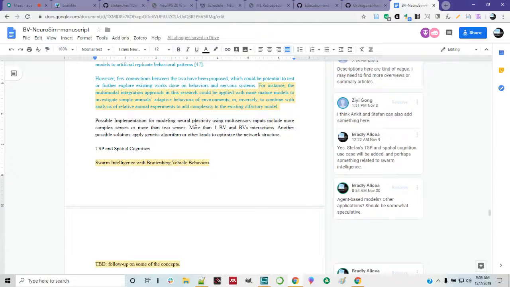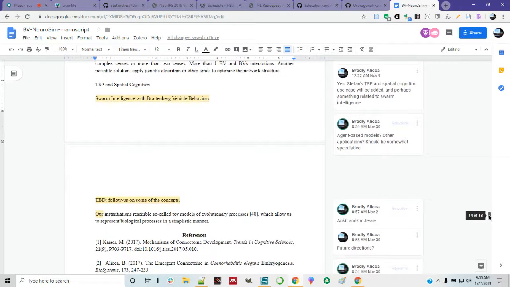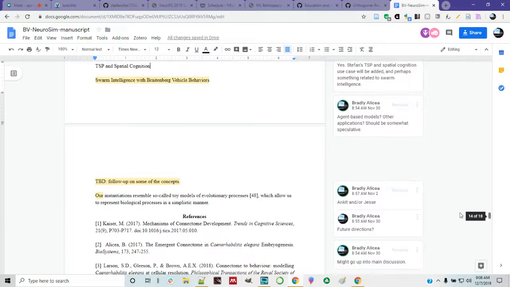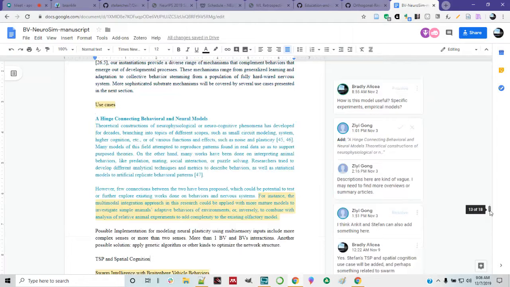It's just a description of how you might implement the software. And then that's pretty much it. There's some follow-up on some of the concepts, but that's an open area. Once we get these technical parts in, I think we'll be almost done, and then you can finish off the manuscript, and we'll be ready to submit it.